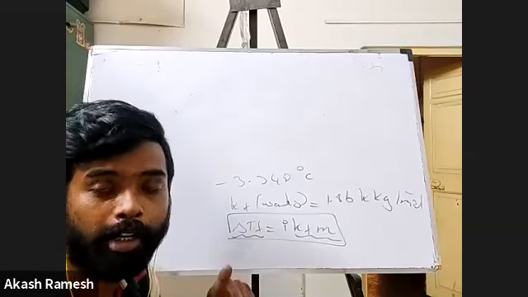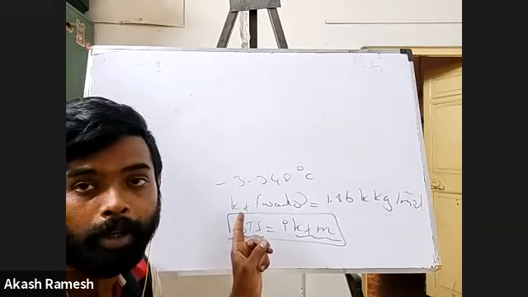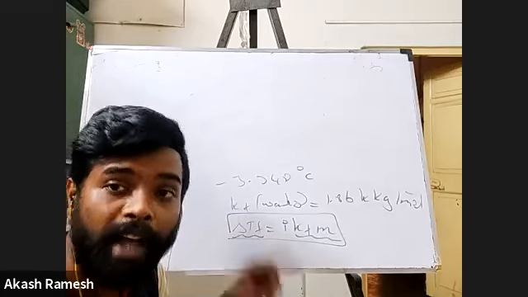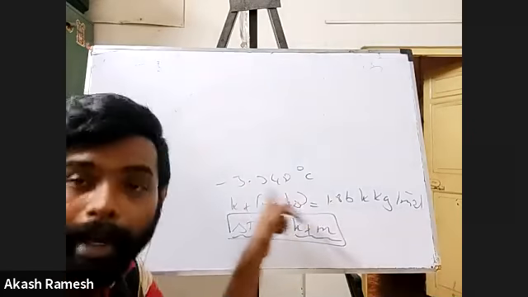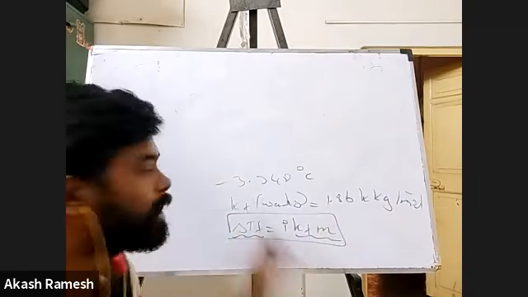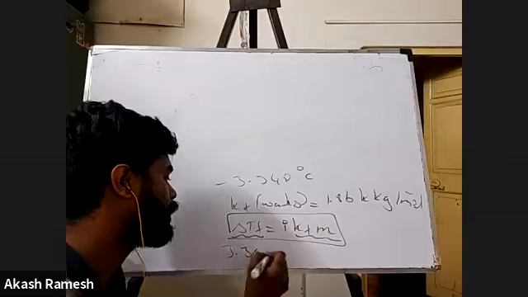Yes, absolutely. You know the freezing point of water is 0 degrees Celsius, but after adding NaCl it becomes minus 3.348. So you have to take the difference: 0 minus of minus this. So the value of delta Tf is 3.348.